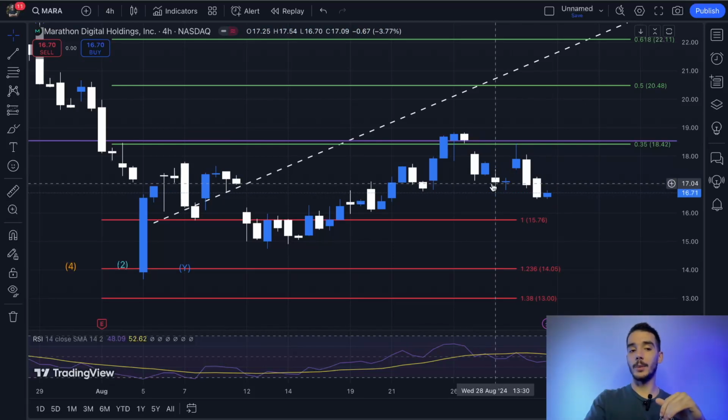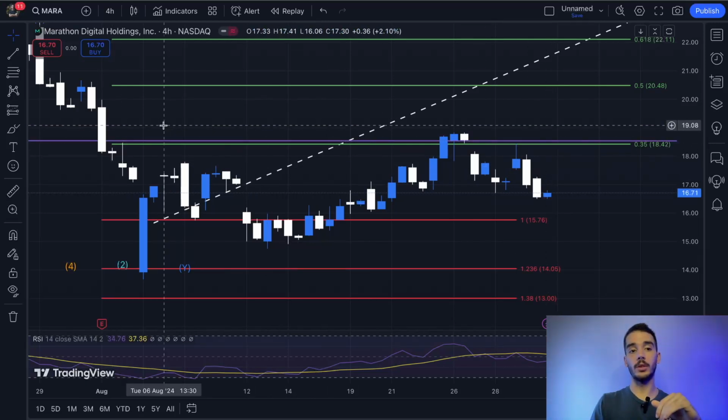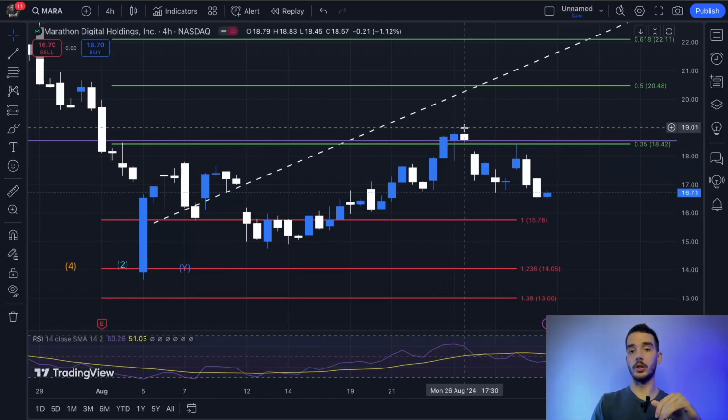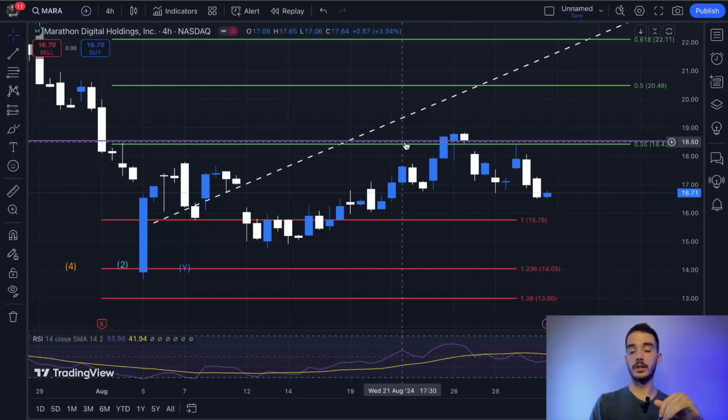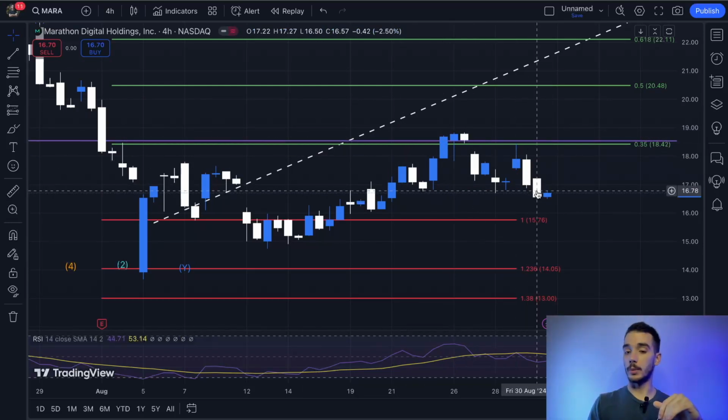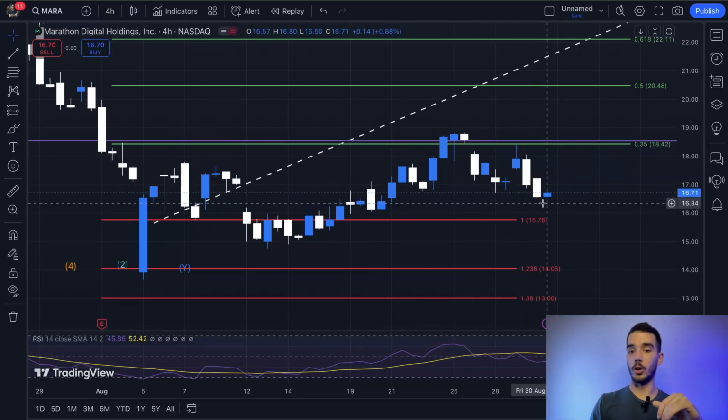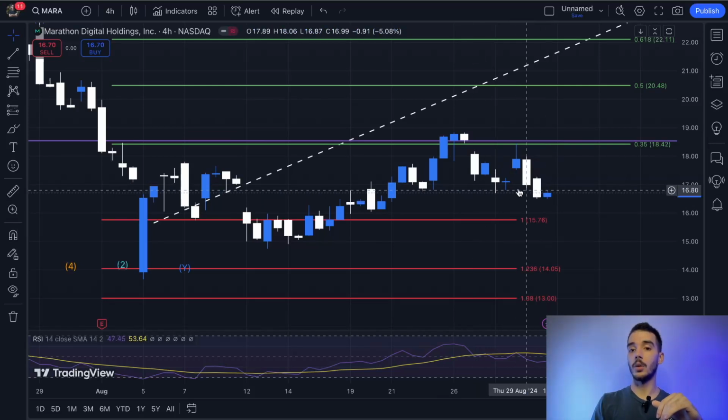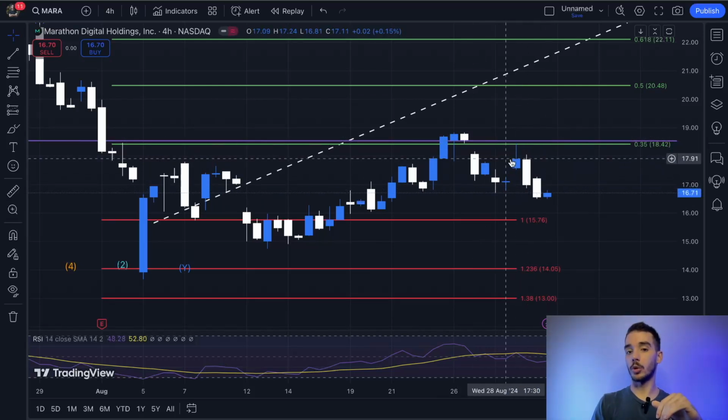One thing that's making me believe that we could potentially see that one more low is because we came up to this imbalance area, so that was a good idea to start selling. And then when we started coming back down, we made a lower low from this low right here, where you haven't seen a break of structure or even any kind of liquidity scenario.